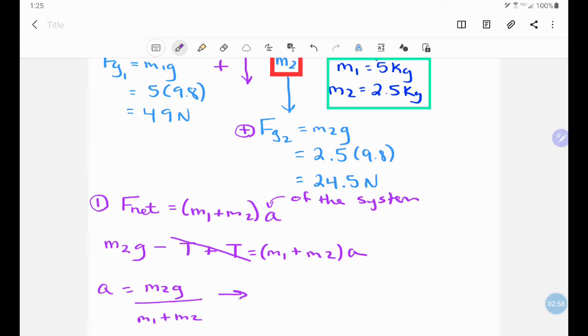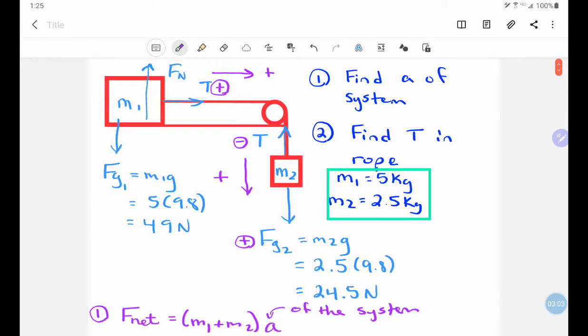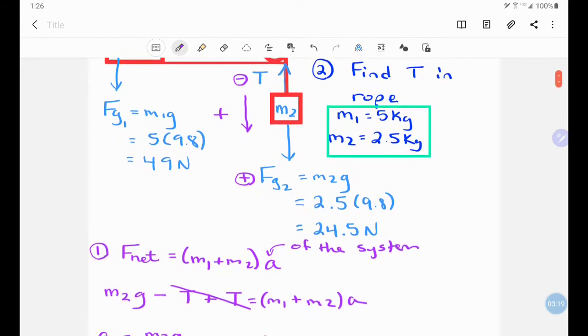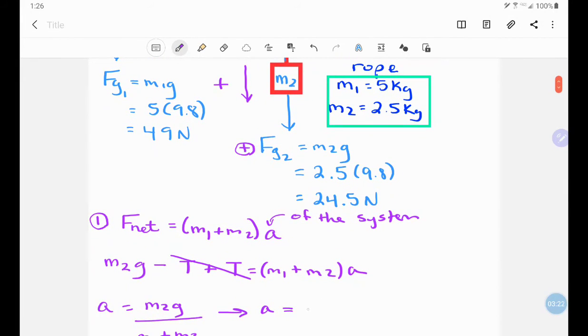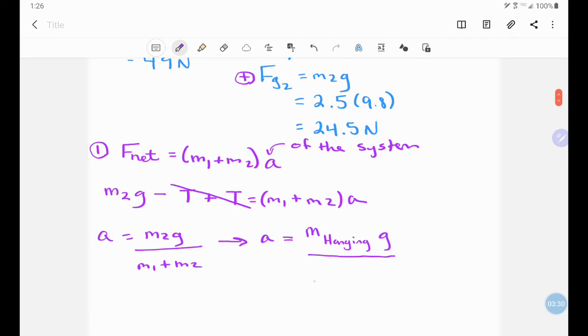But if we generalize the acceleration equation for this particular system, so for a mass hanging off a table attached to another mass, what we get then is the hanging mass times gravity divided by the total mass.